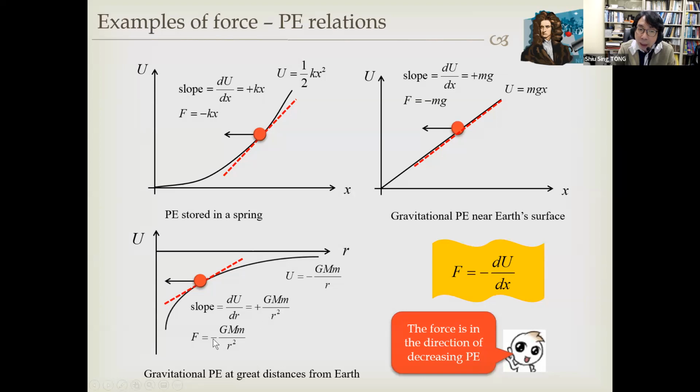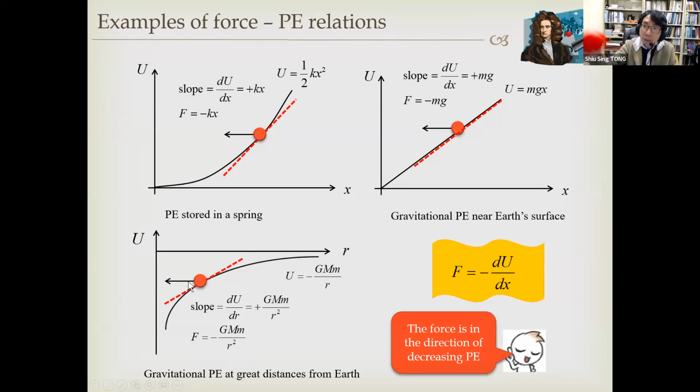Okay. But I know that the conservative force is minus du/dr, right? So it becomes minus GMm over r squared. The slope is positive because of the derivative, but with that minus sign, the force becomes negative. So the force is pointing towards the center of gravity.